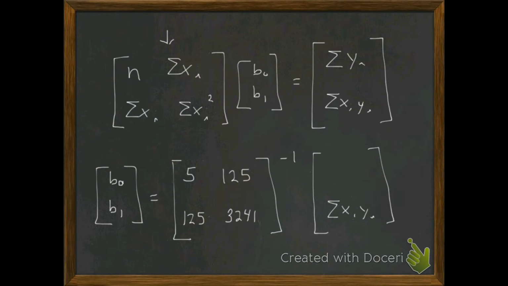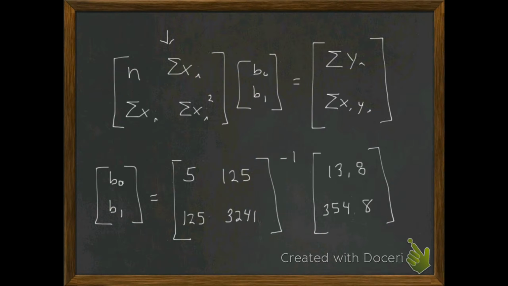And the sum of our y's and the sum of our products of x's and y's. Sum of our y's was 13.8. These are GPAs, so you kind of expect a smaller number. All right, so we end up with this.